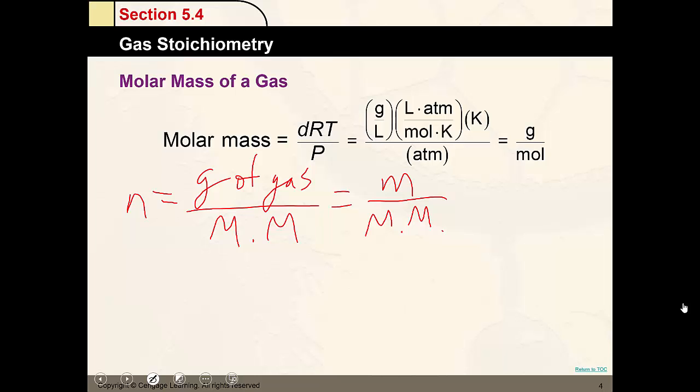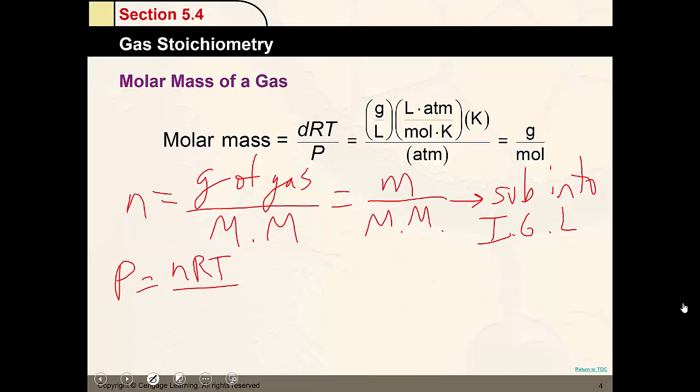And we're going to substitute this into the ideal gas law. So we know, for solving for pressure, the ideal gas law is nRT over V. But if we sub this in for number of moles, we get mRT over the molar mass times the volume.